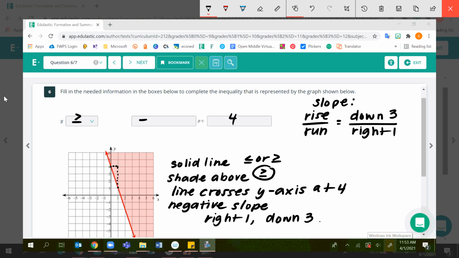Down is a negative direction, so that would be a negative 3. And right is a positive direction, so that would be a positive 1. So we have this fraction of negative 3 over 1, which can be simplified to the whole number of just negative 3. So there's my equation. y is greater than or equal to negative 3x plus 4.